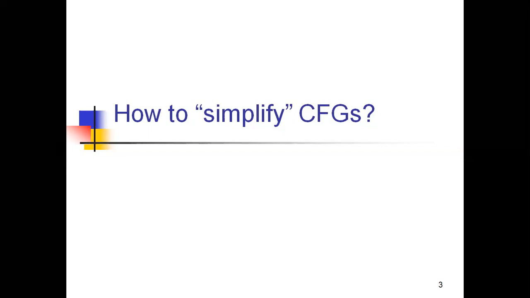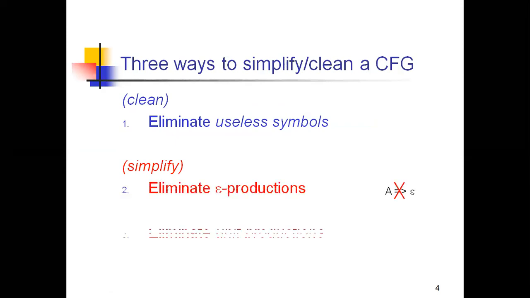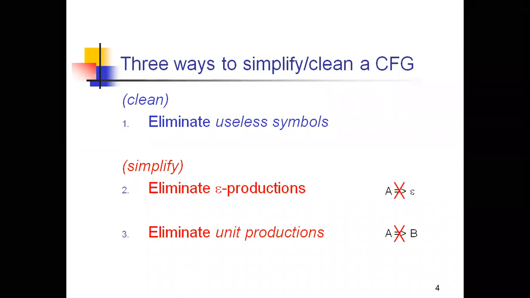And let's see the concept of how to simplify context free grammars. Here we have three ways to simplify, or clean, a context free grammar. First, you need to eliminate the useless symbols and then simplify, then eliminate the epsilon productions and then simplify, then eliminate the unit productions.